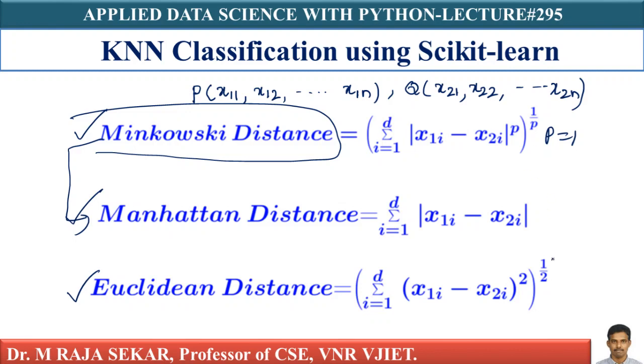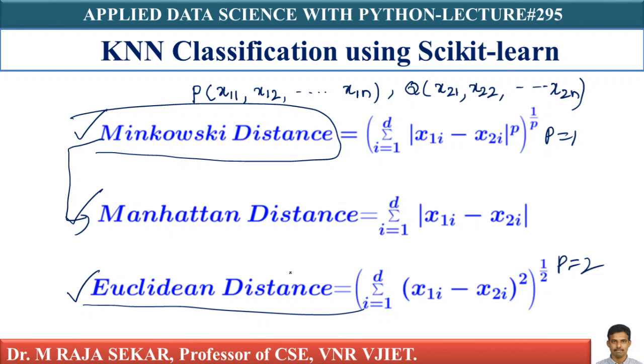If I keep p equal to 2, I will get Euclidean distance, that is nothing but (x11 minus x21) whole square plus (x12 minus x22) whole square plus so on (x1n minus x2n) whole square, under root. This is Euclidean distance. You might have seen it on many occasions.